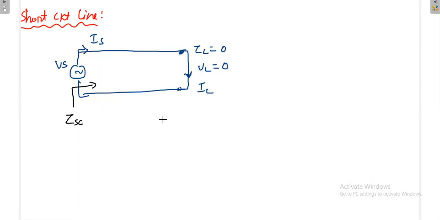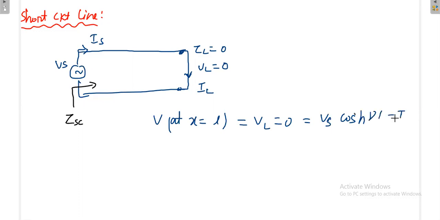Now voltage at x is equal to L, that is VL is equal to 0, that is equal to Vs cosh gamma L minus Is Z naught sinh gamma L. Then you make the rearrangement.